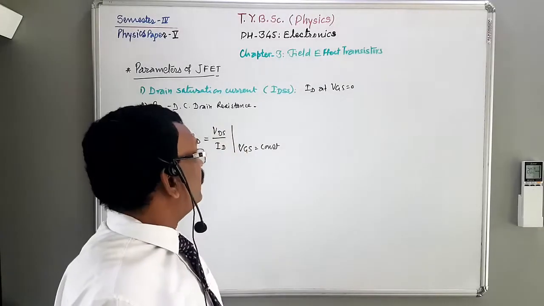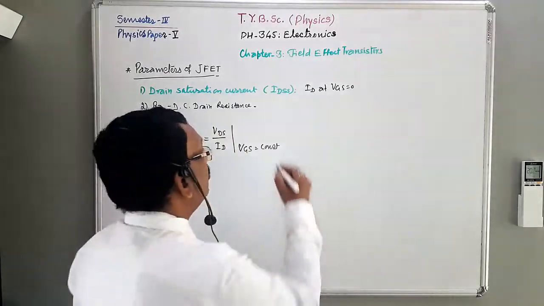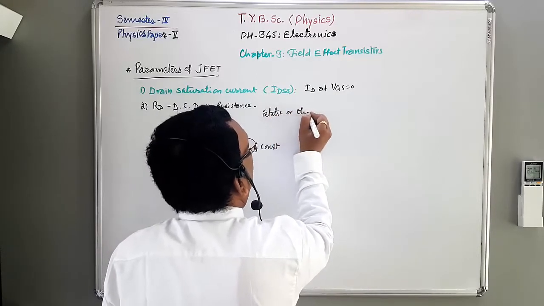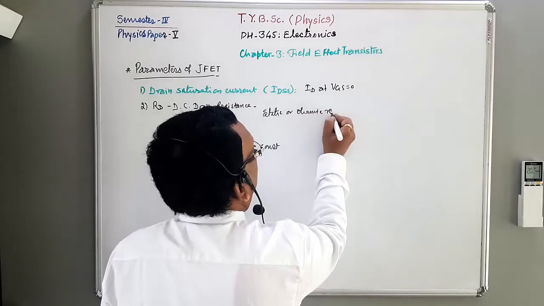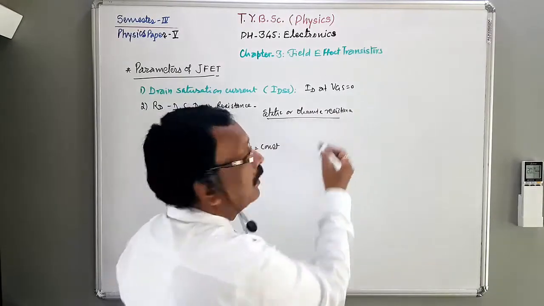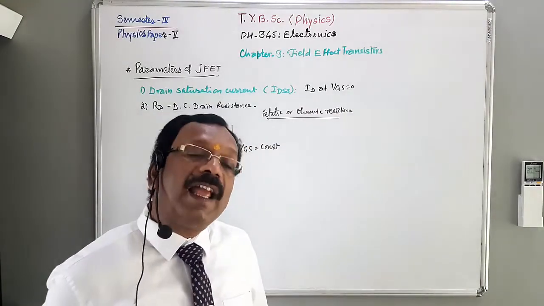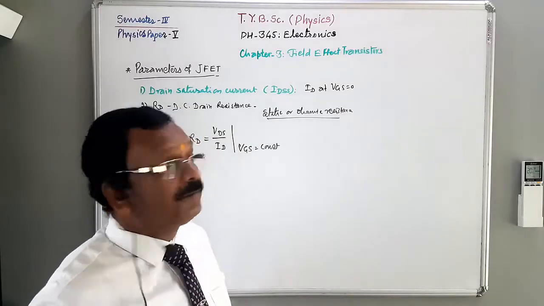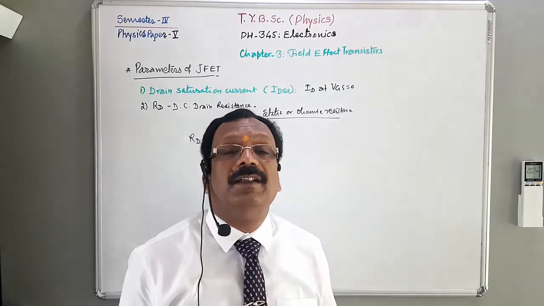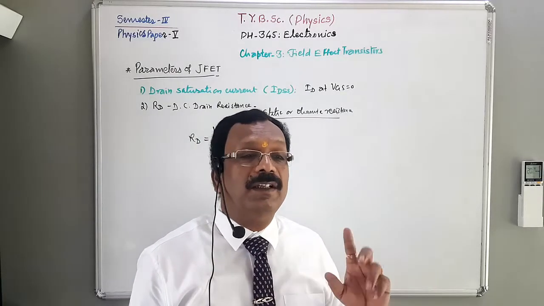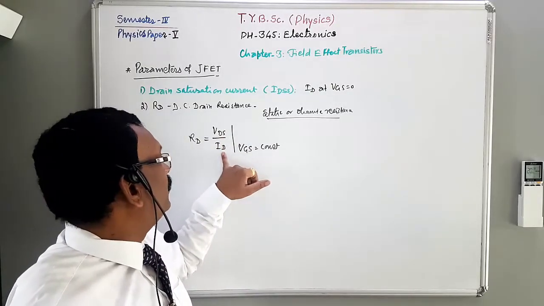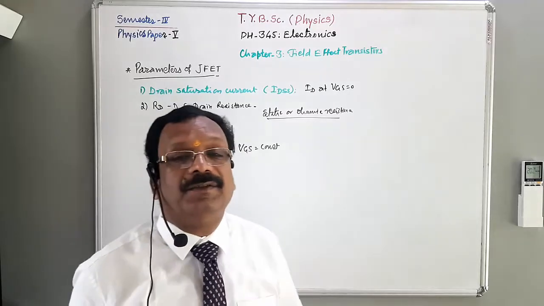This is also known as static or ohmic resistance of the channel, and mathematically it is expressed like this: RD is equal to VDS upon ID at constant VGS.